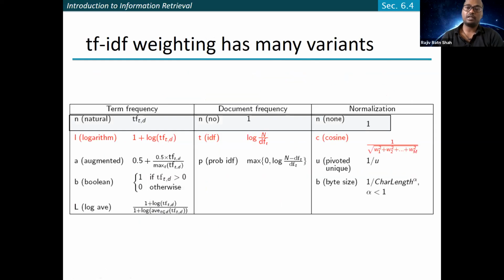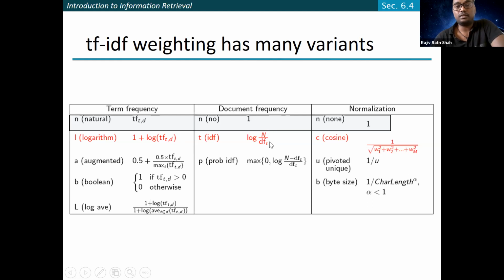There are several ways, as we also discussed in the last class, to compute the TF-IDF weighting. A very simple way is to just compute the TF, with document frequency as 1 and normalization as 1. But ideally this is not the best way, because often the TF is quite high, so people move towards the log value of the TF, and often we add +1 for smoothing, because if it becomes 0 it will be an issue, right?